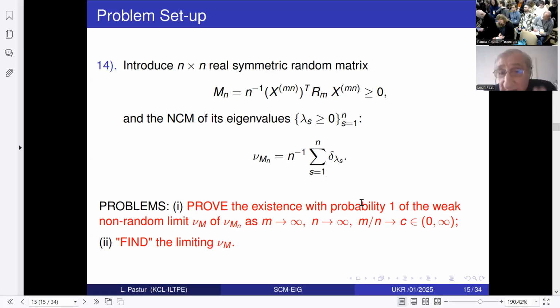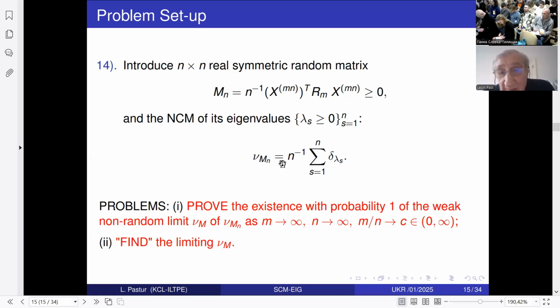So that means for every realization of our infinite random collection, with probability one it converges to a non-random limit, which we denote nu m, in this double limiting transition.